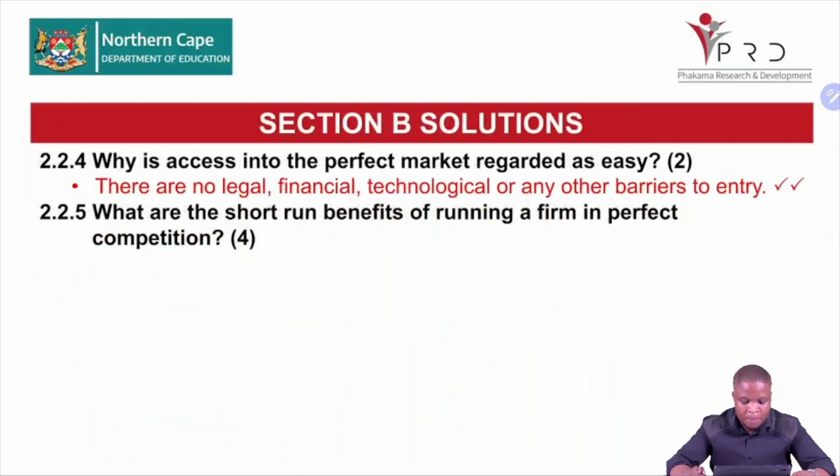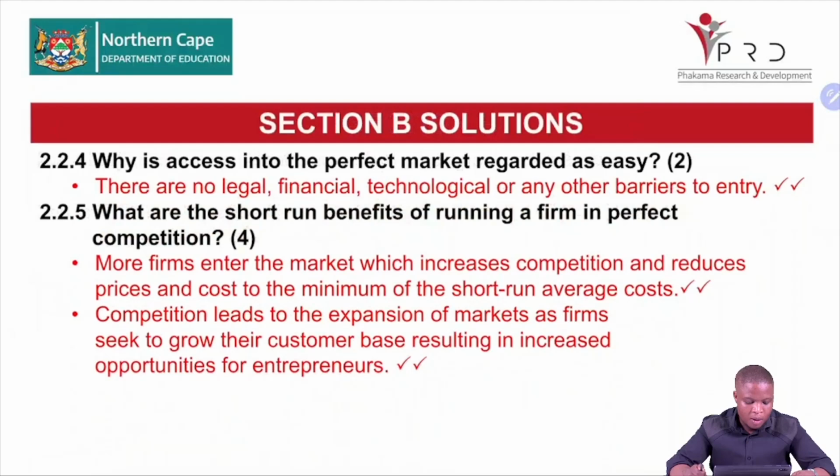What are the short run benefits of running a firm in a perfect competition? In the short run, we are able to make economic profit. Remember, in the long run, there is only normal profit, right? More firms enter the market, which increases competition and reduces prices towards the minimum of the short-run average cost. Competition leads to the expansion of the markets as firms seek to grow their customer base, resulting in increased opportunities for entrepreneurs.